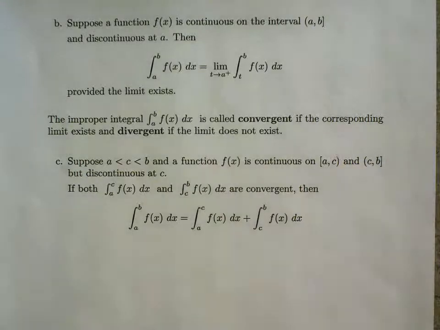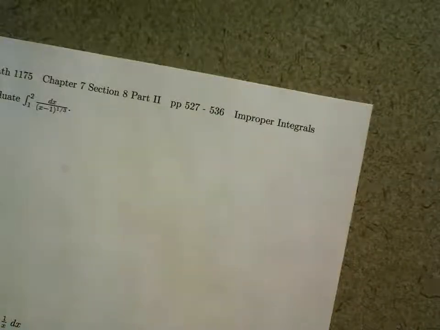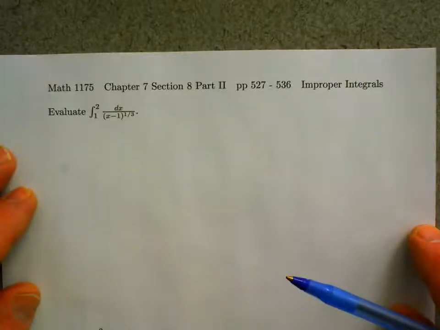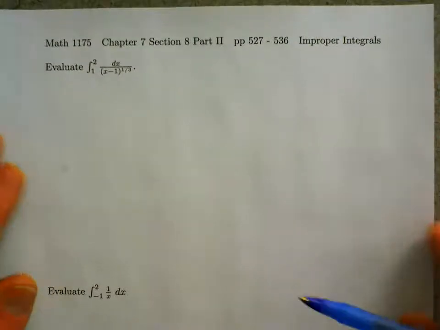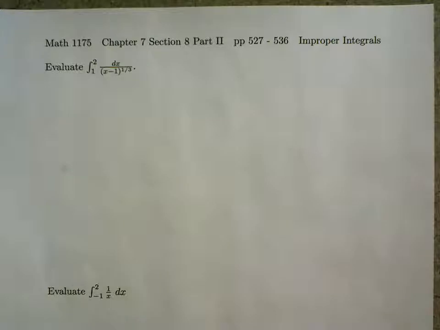Okay, let's do a couple of examples. Evaluate this integral. The integrand is dx over x minus 1 to the 1/3, and the limits are from 1 to 2. So this is an improper integral.